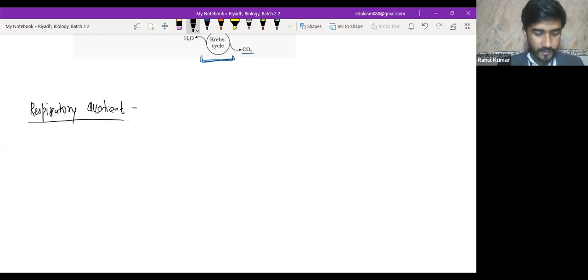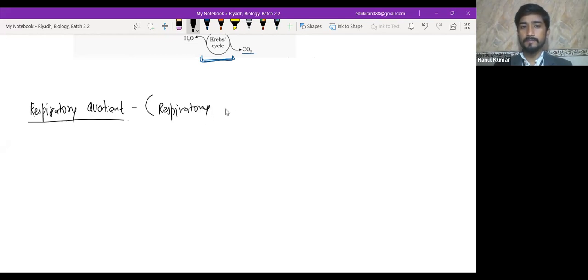Write down the definition. RQ, or respiratory quotient. It has one more name which I have seen in some books: it's sometimes also called respiratory coefficient. Both are the same thing.